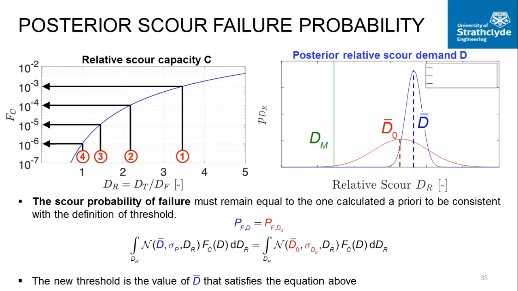But to be consistent with the threshold chosen by Transport Scotland, the scour probability of failure must stay equal to the one calculated a priori. So the new threshold is the value that satisfies that equation.